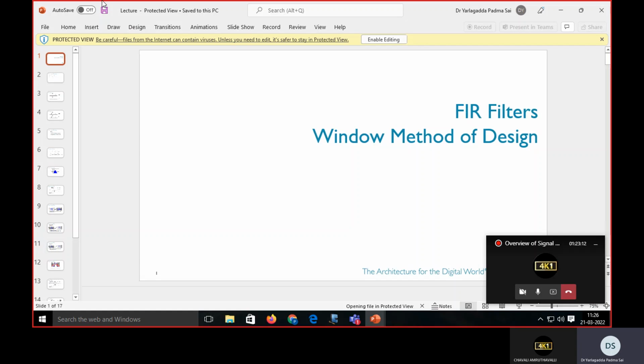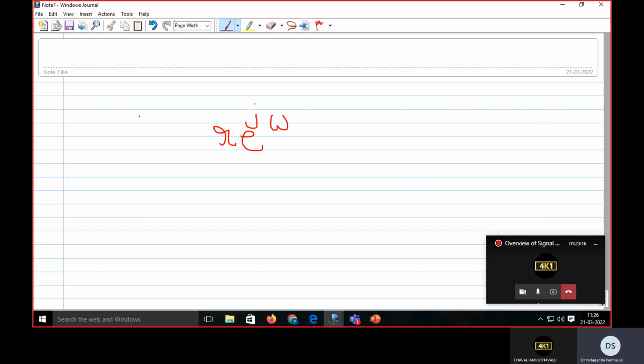Okay, directly here they are going for the windowing technique. Actually, when you open your FIR filters, initially you are having the Fourier series method. In that case, H of omega is given.